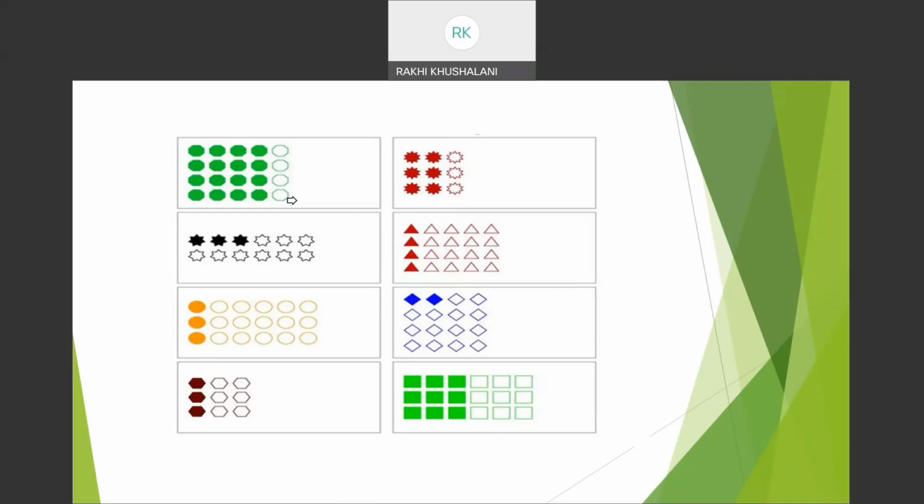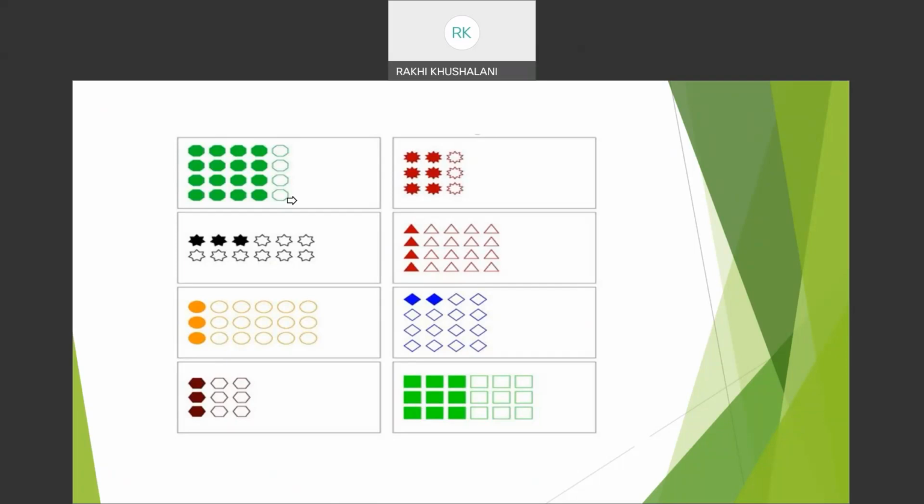If I tell you how many groups of green hexagons are there, these are hexagon shapes, okay? How many groups of green hexagons are there? There are a total of 5 groups, out of which 4 are green, okay? And there are a total of 20 hexagons.